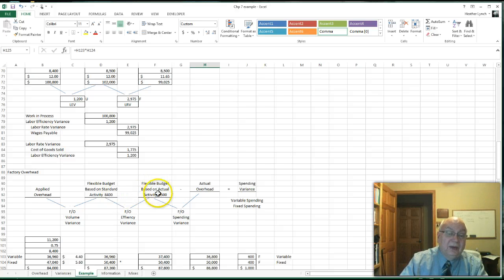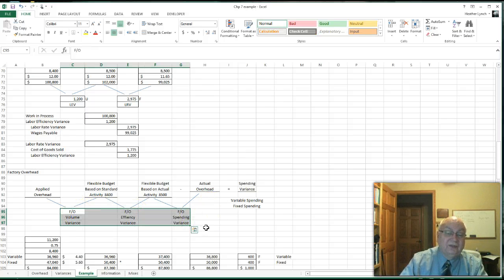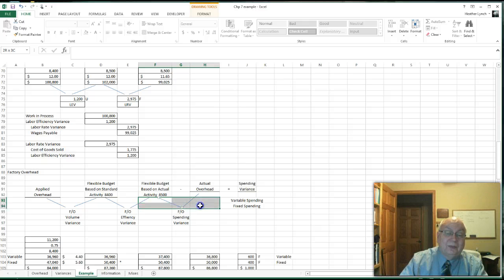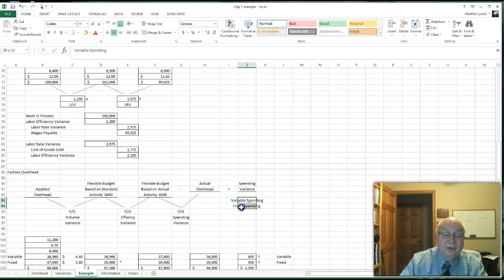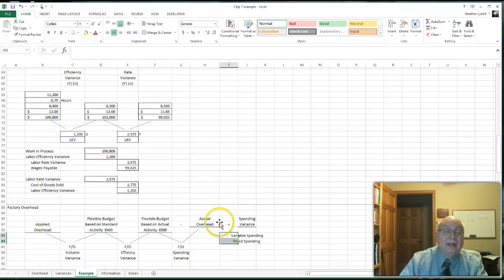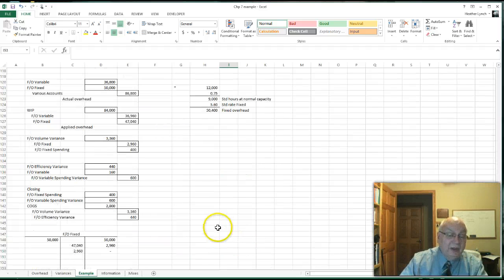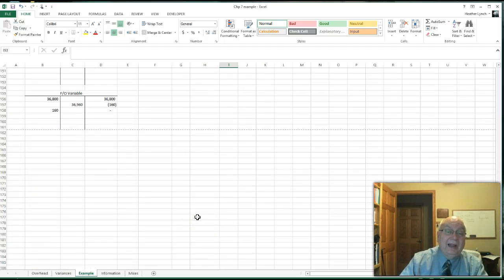This is your budget based on actual activity, and this is your actual overhead. And then you take the difference of each of those columns, and that gives you the differences for those three, and the difference between these. Did it again, didn't I? The difference between those two columns gives you these two answers here. Okay, so that's overhead variances. Hope this helps, and we'll see what happens next time.